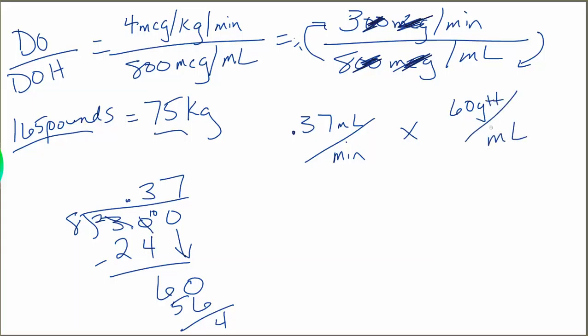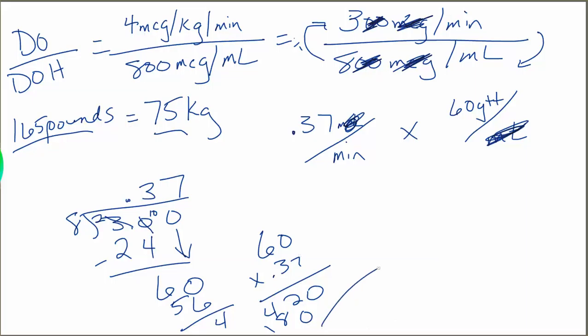That's our little infusion. We're going to get rid of what we have in common. We're going to cross multiply. So 60 times 0.37 is going to give us 0, 42, 0, and I apologize, I'm at the bottom of the screen there. Okay, it's in a weird spot, so let me just rewrite this over here.